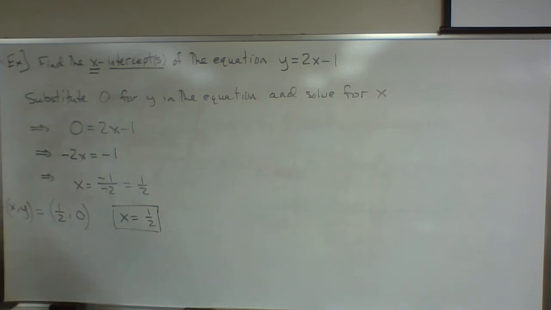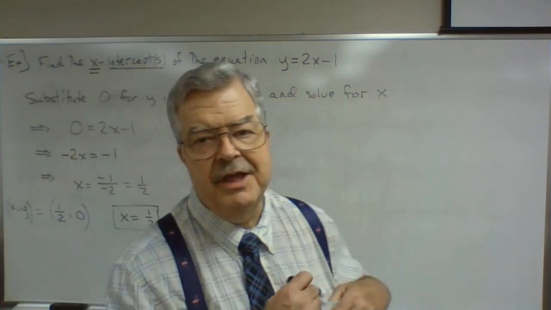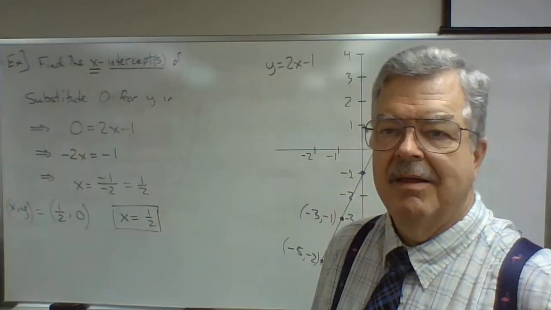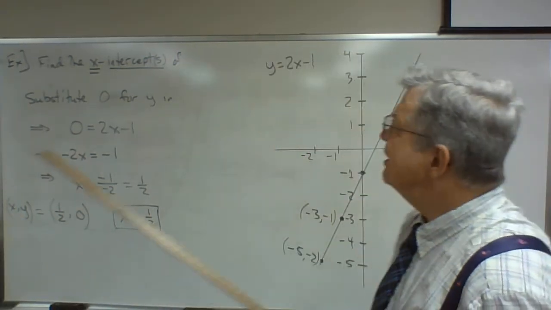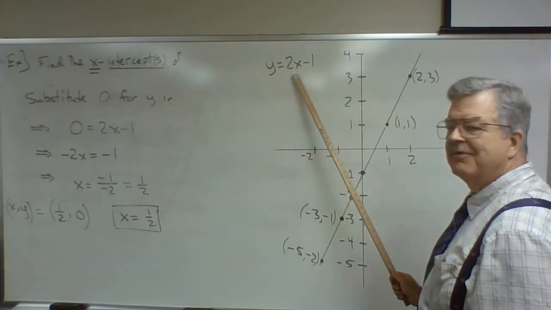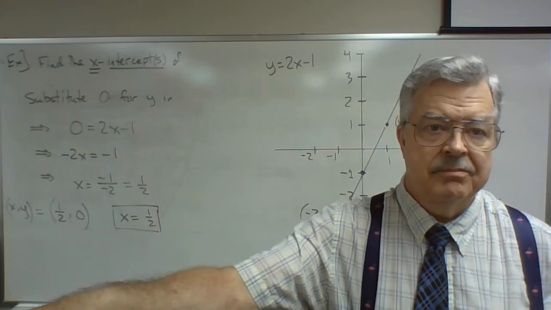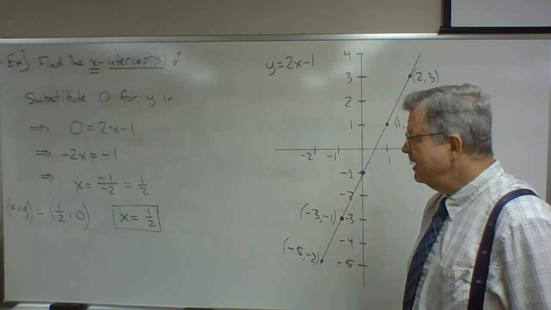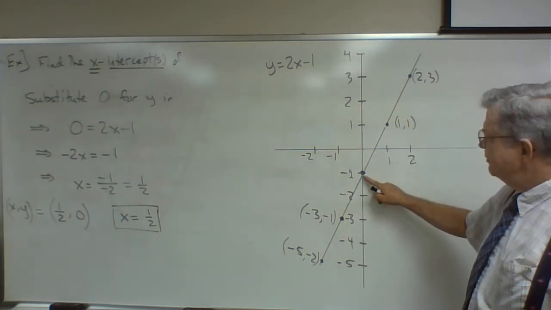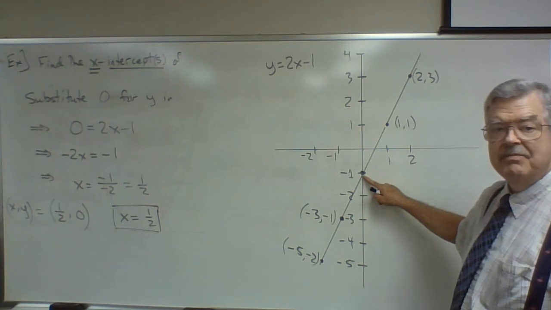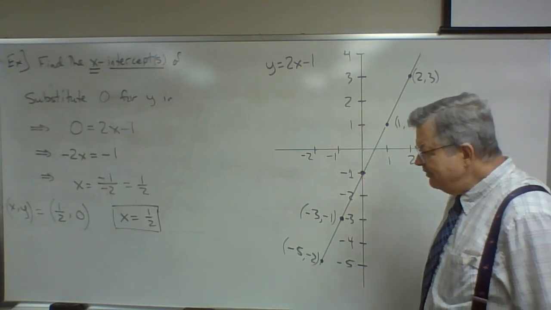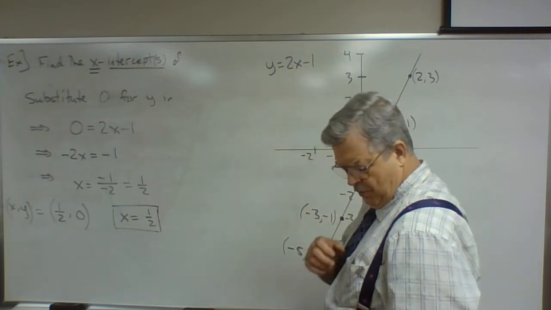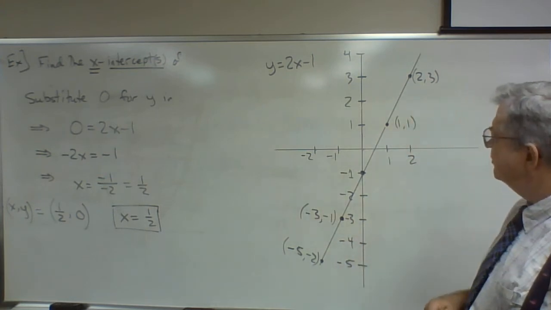And let's see how this squares with the graph of the function that we had already plotted. Here's the graph that we've been working with for the last 20 minutes or so. Great example, by the way. We're getting everything that we can out of this. And we remember our y-intercept is at y equals -1. Our x-intercept, according to this, is at the point 1/2 on the x-axis.